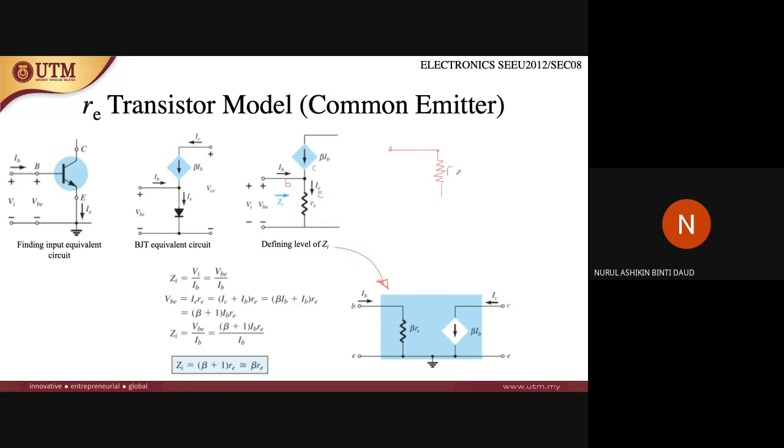This is the RE. This is the collector part, this is the emitter part. This is the E part, this is the B part, base. So when you look here, ZI is equal to beta RE.